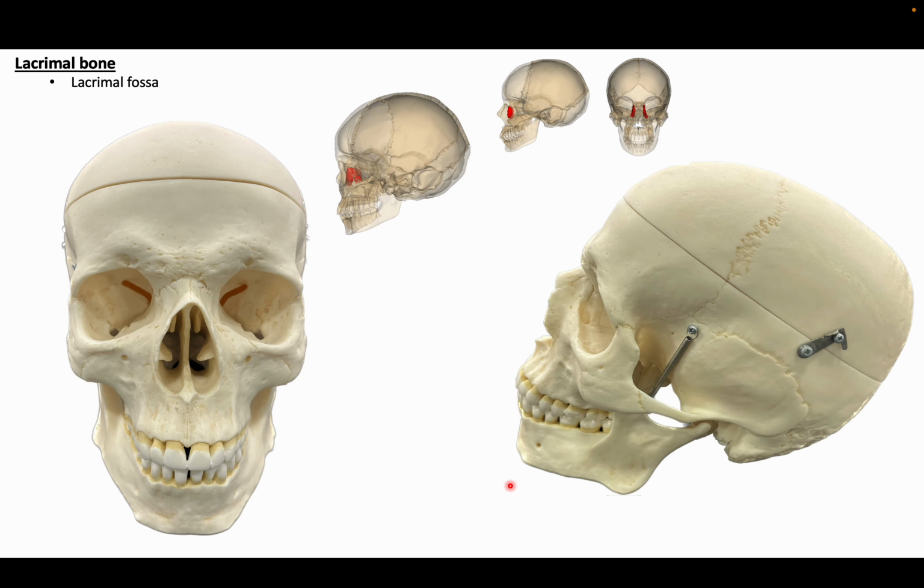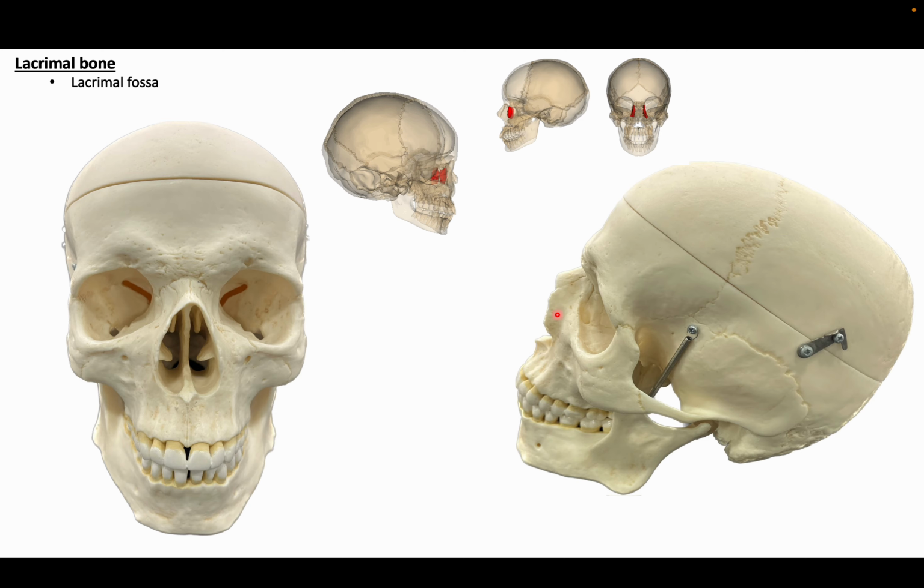All right, now let's move into the lacrimal bone. As you can see, it's a very small bone and it provides structure for the tear apparatus, and it makes up part of the medial wall of the eye socket. You can see right here that this region is the lacrimal bone.